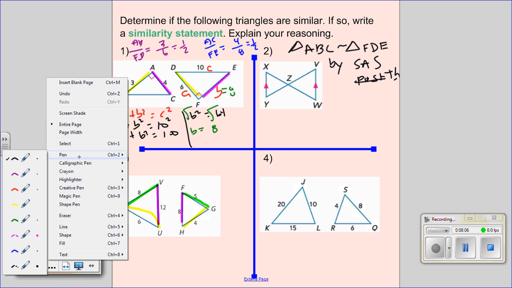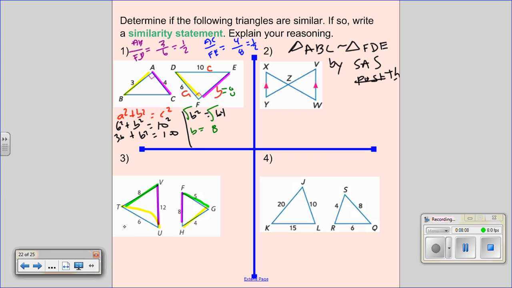So let's set up the ratios since we don't have any angles. So we would say TV is to FG. So 8 is to 5, and that's reduced as best as it can. So now I would say TU to HG. TU is 6, HG is 4. That reduces to 3/2.